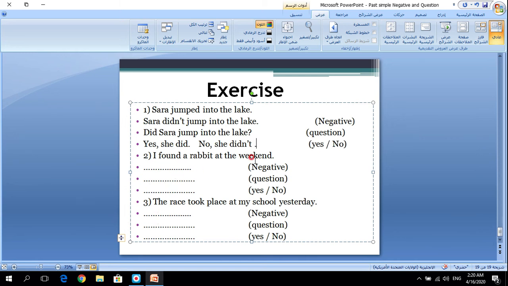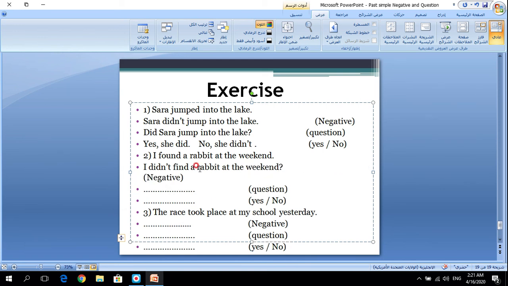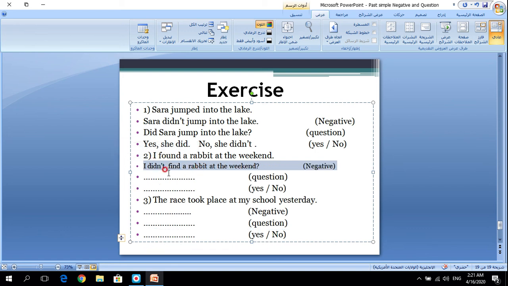I found a rabbit at the weekend. Negative, question, yes or no? Okay, yes, you can say. Yes, very good. You have to say, I didn't find a rabbit at the weekend. Good. This is the negative form.